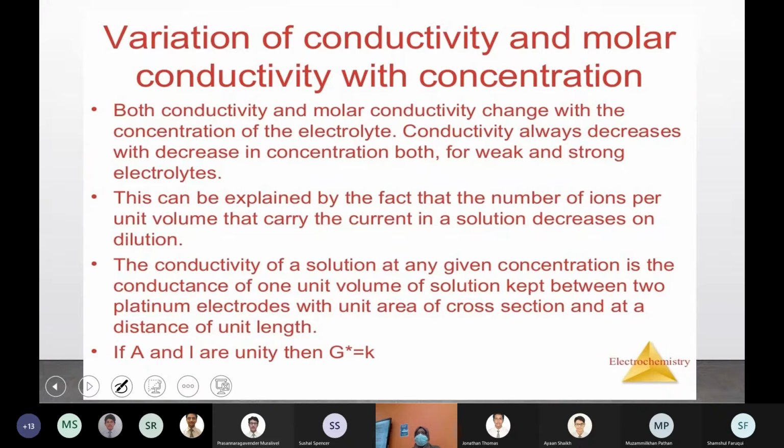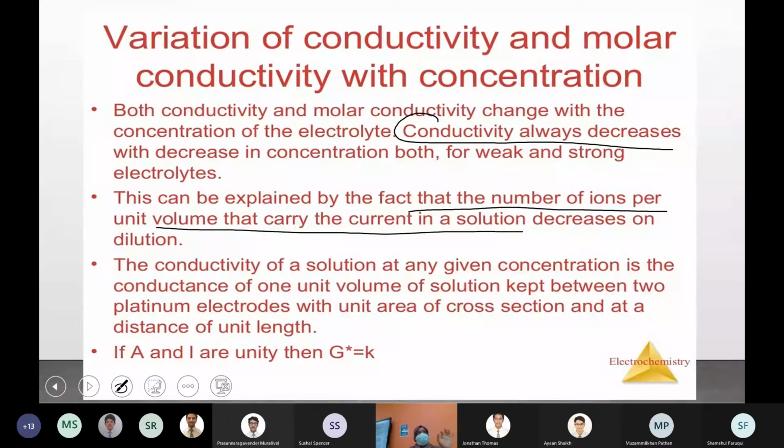What is the equation for conductivity? We already wrote that last week. Just write it in your own words. You don't have to write the first line. Write this one: conductivity always decreases, and you can write the reason. It's the same definition as yesterday's. If you have not written it, write it; otherwise there is no need to write it again.